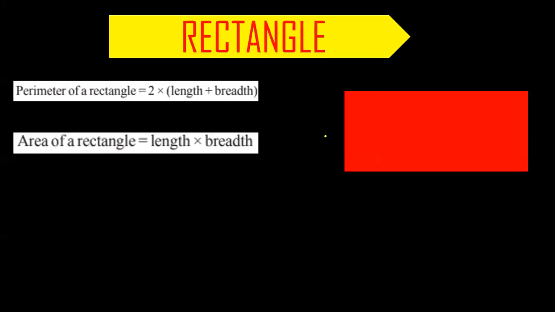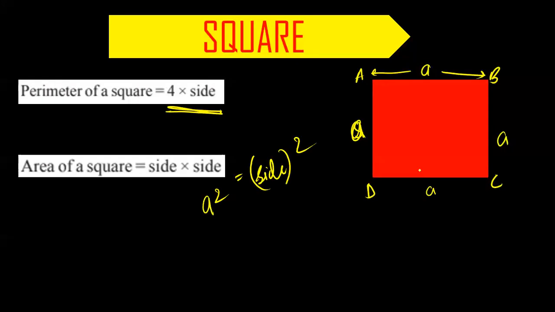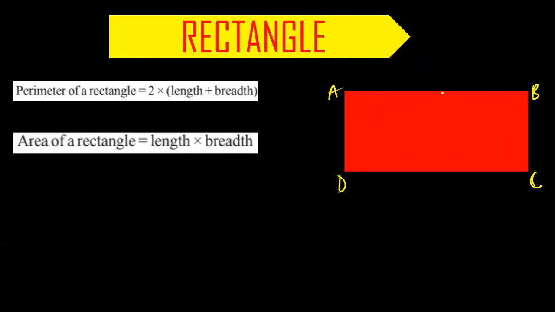Let's move forward. Rectangle. Now the perimeter of the rectangle, if I take it as ABCD again, then we know that in the rectangle, opposite sides are equal, whereas in a square, all the sides are equal.